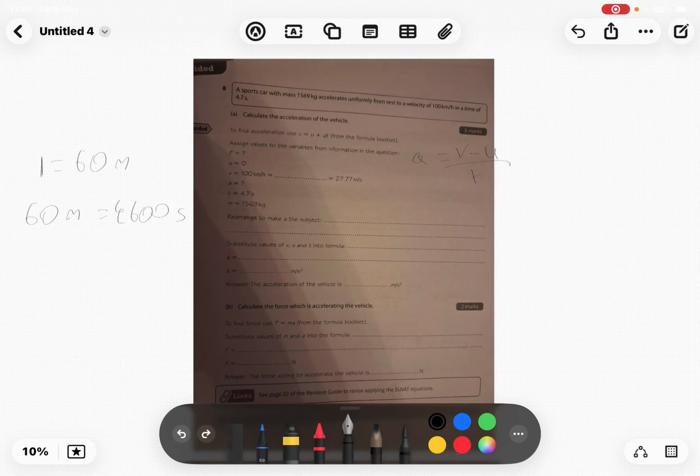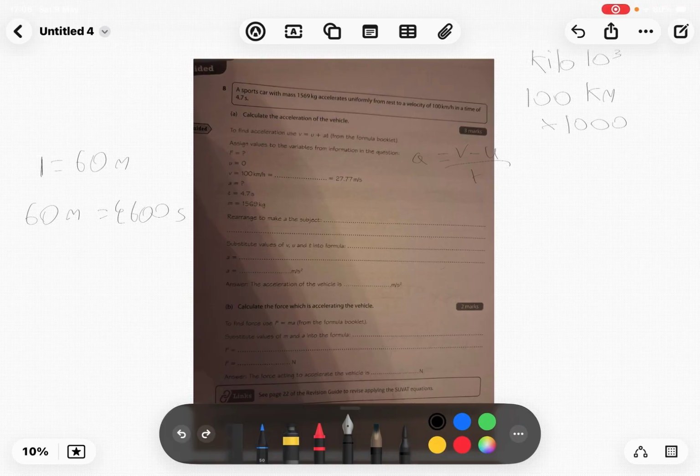So to get this into meters, how you can think of it is, first of all, 100 kilometers. Make it about the kilo. We times it by 1,000, because a kilo is 10 to the power of 3, and 10 to the power of 3 is 1,000. Makes sense, right?